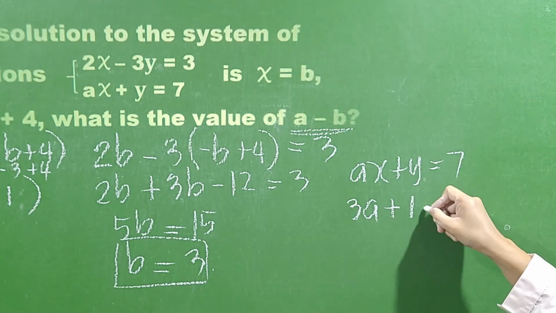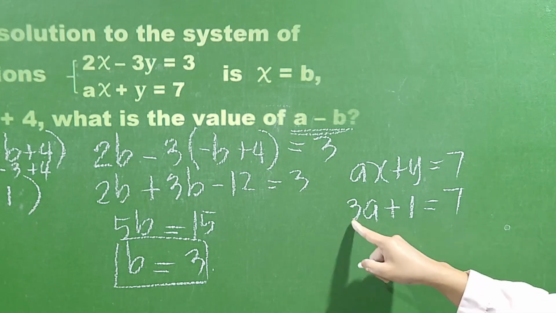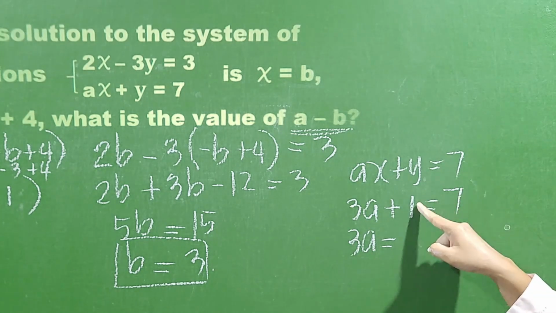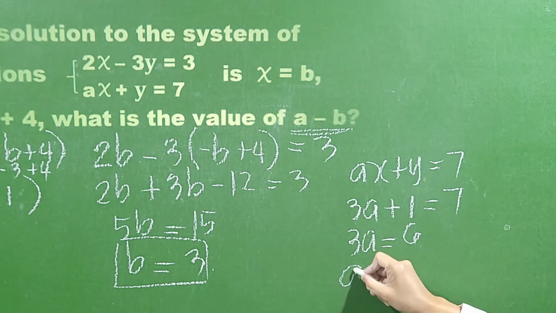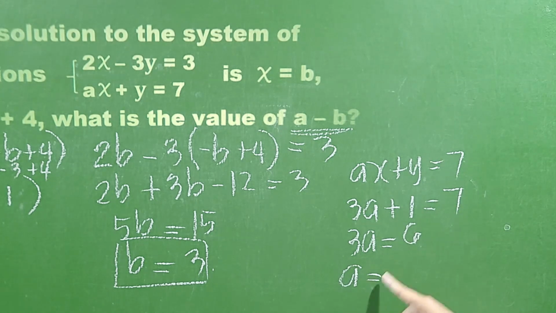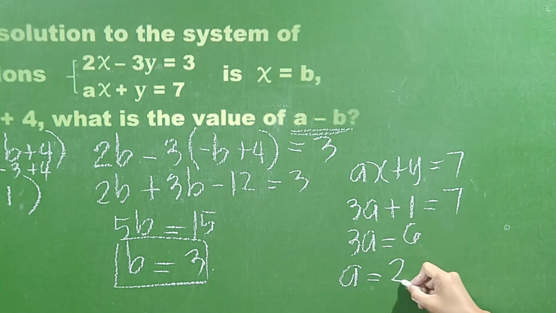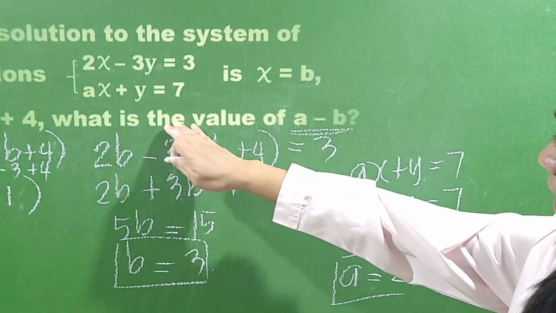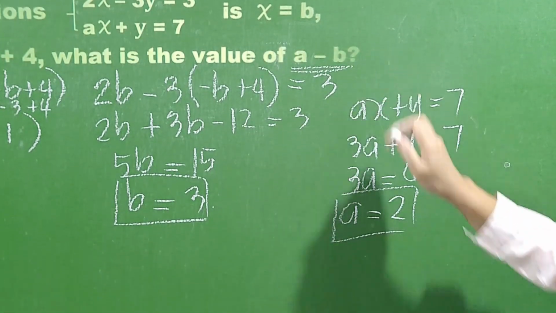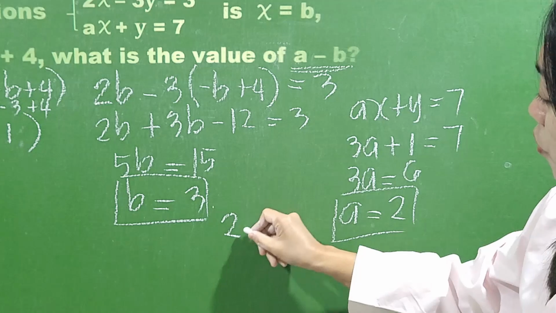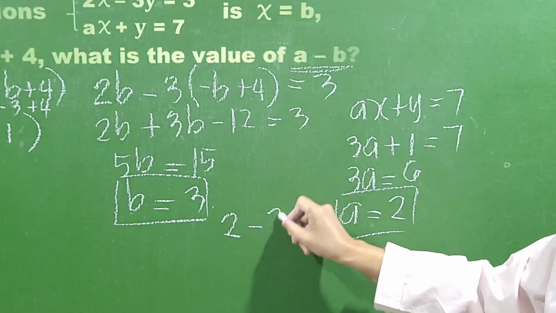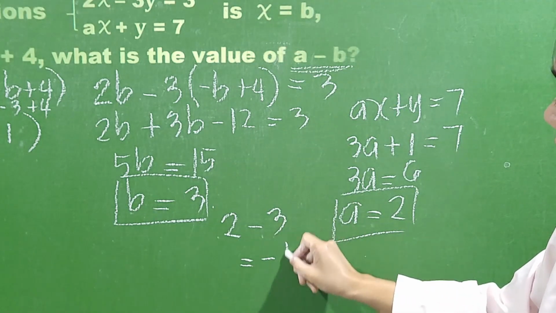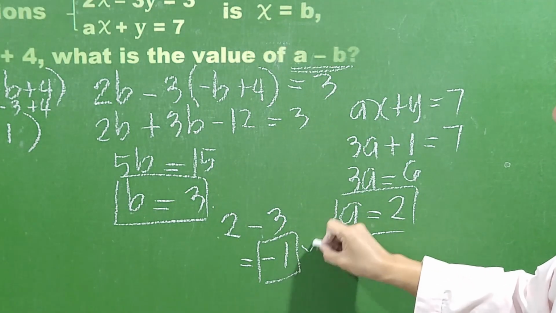So this is plus 1 is equal to 7. So 3a is equal to 7 minus 1, 6. So it means the value of a would be 6 divided by 3. So a is 2. So what is then the value of a minus b? a is 2, so this is 2 minus b is 3. So 2 minus 3, then the answer to this problem is negative 1.